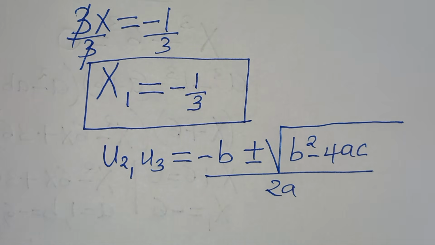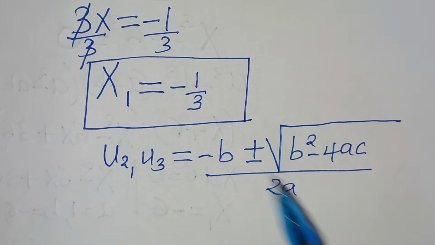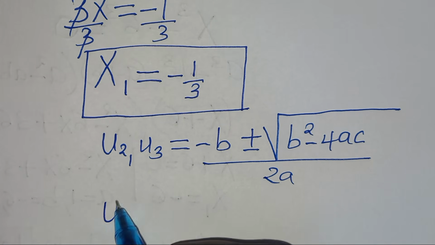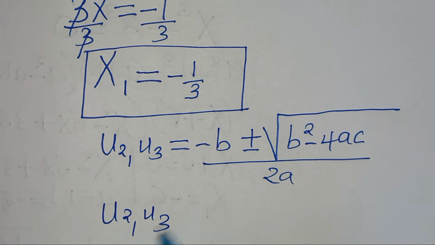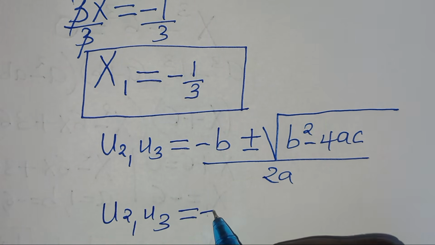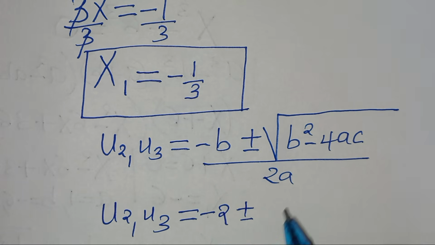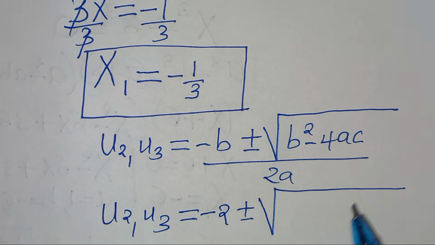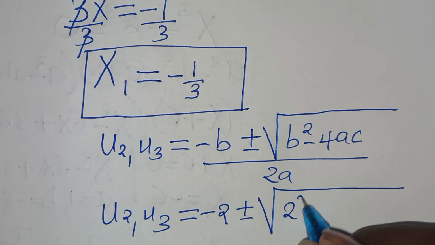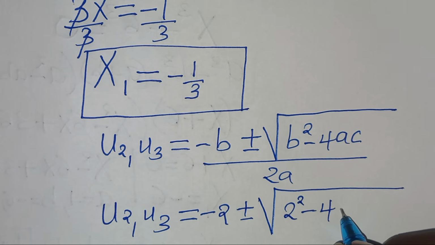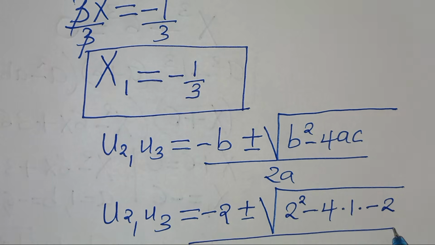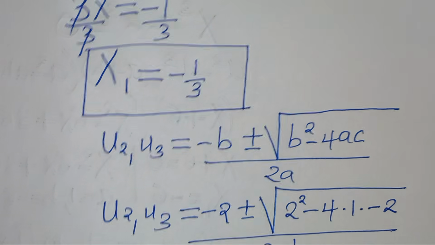So let's substitute the values of a, b, and c in this formula. So we have u2, u3 equal to negative 2 plus or minus the square root of 2 squared minus 4 times a, which is 1, times c, which is negative 2, divided by 2 times 1.